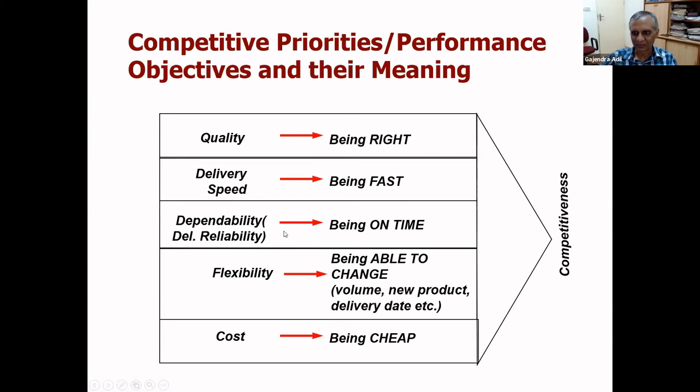Or if you like statistics, you can collect the data on delivery. The mean is more an indicator of your delivery speed, and the standard deviation is more an indicator of your reliability.